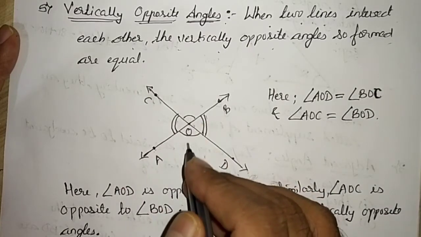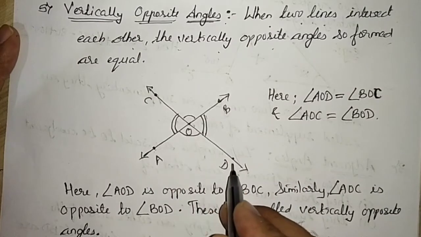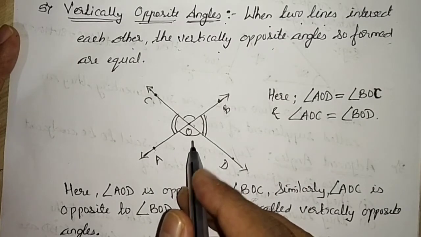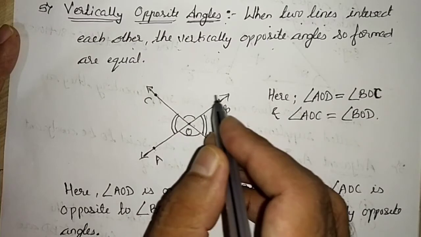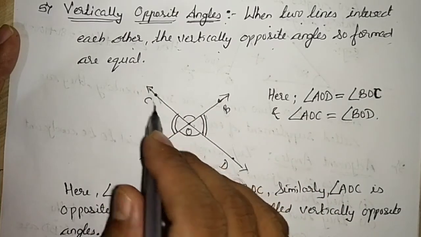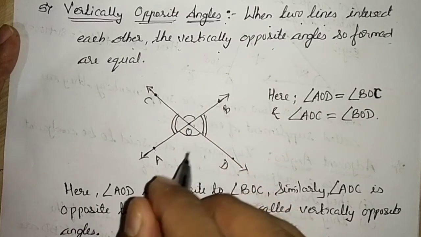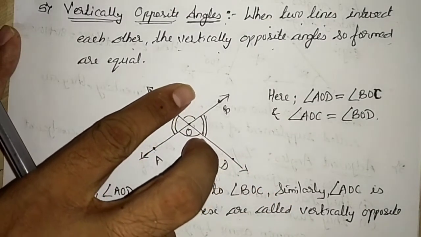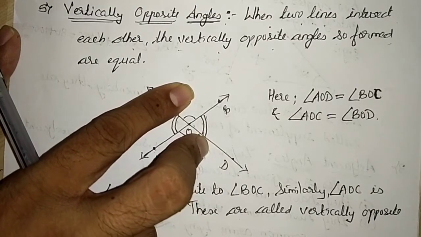Then see the vertically opposite angles: the opposite angle of AOD is BOC, and the opposite angle of AOC is BOD.